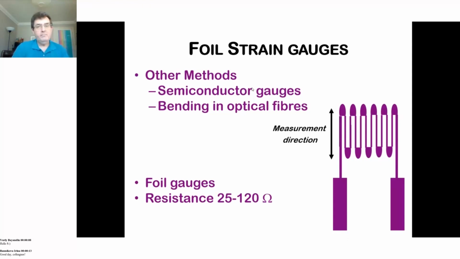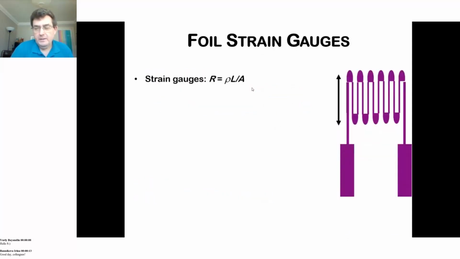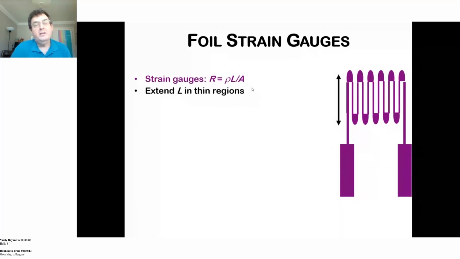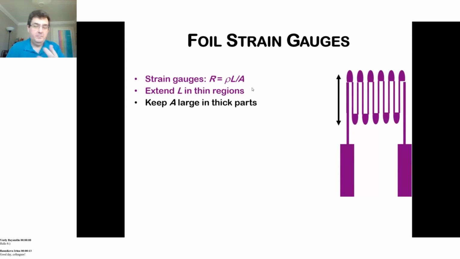And a very simple relationship that you've probably come across early in school, in the UK when you got to be 14, 15 years old: resistance equals resistivity times length divided by area. The length is the length in the thin regions, and the area is kept thick in the power leads to reduce the effective area on the system.